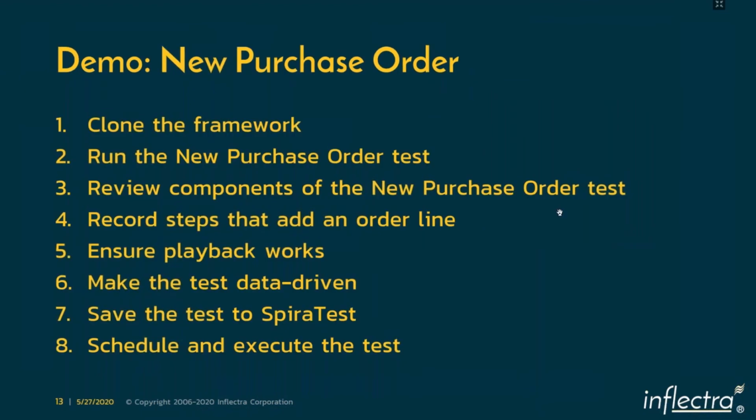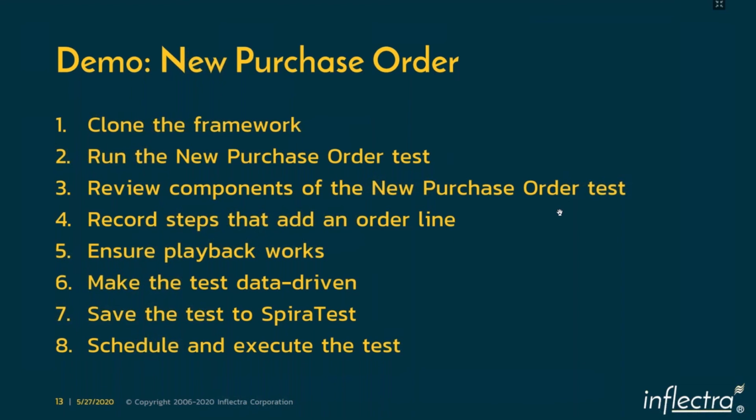So now I'm proceeding to the demo. I already showed how to get the framework. I will demonstrate the new purchase order test in Dynamics 365 for finance and operations. This test is pretty big. We don't have enough time in this session to build it from scratch.